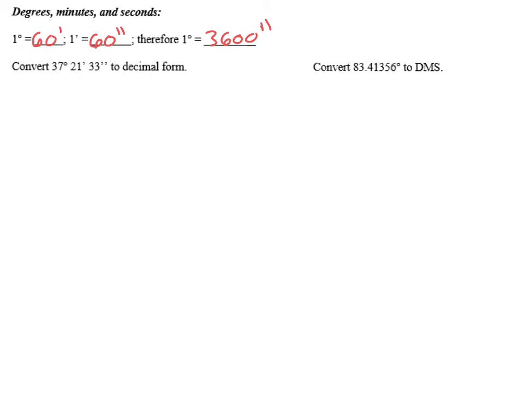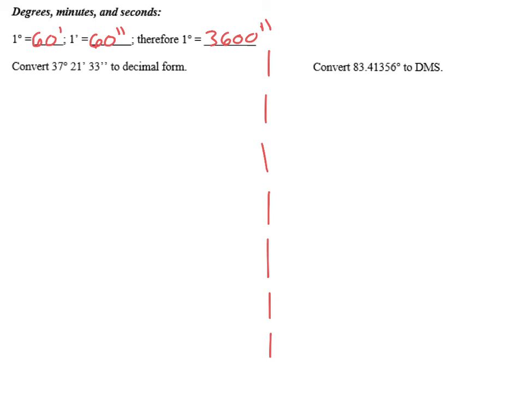It was used for a long time, and still is today, as a different way of defining decimals of an angle. I want to show you how to just convert back and forth. That's all I really want to do with minutes and seconds.